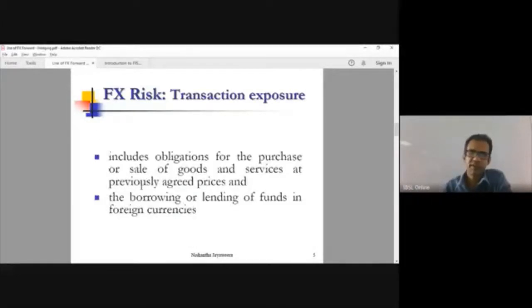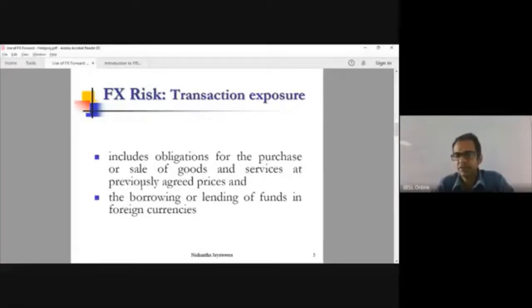So most of the time, transaction exposure includes obligations for the purchase or sale of goods, or it may be a service, but at a previously agreed price. Then you face that problem. Or it may be a borrowing or lending as well.